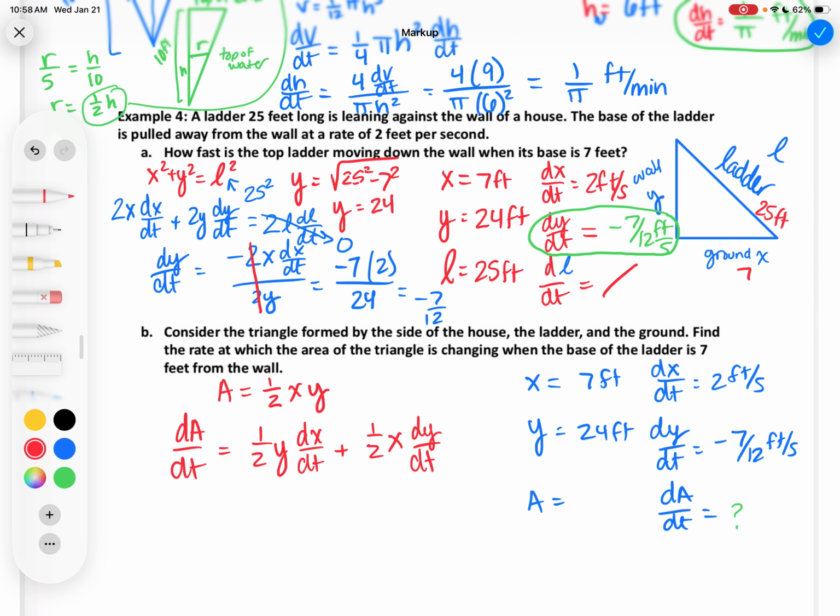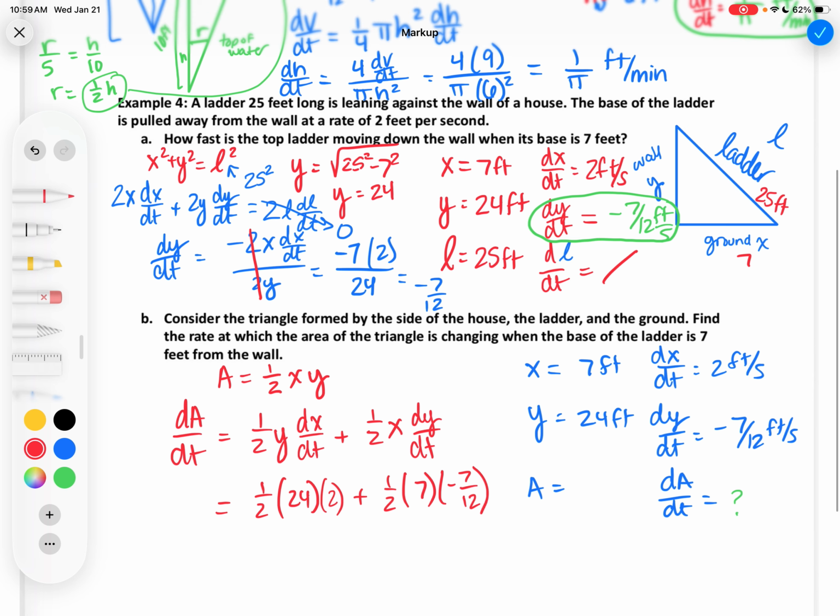And now, because we're solving for dA/dt, I just need to plug in. So I've got 1/2 times 24 times 2 plus 1/2 times 7 times -7/12. And then, let's see, the 2's cancel there.